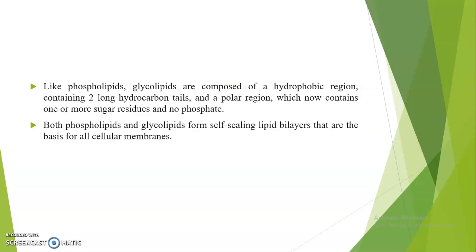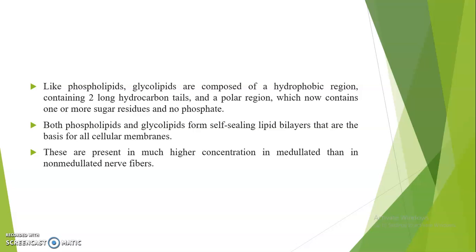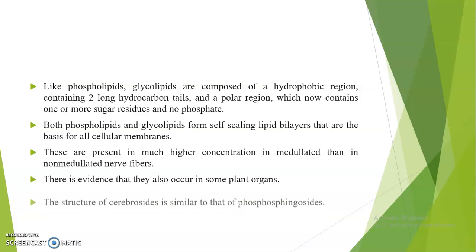Both phospholipids and glycolipids form self-sealing lipid bilayers that are the basis of all cellular membranes. These are present in much higher concentration in medullated than in non-medullated nerve fibers. There is evidence that they also occur in some plant organs.